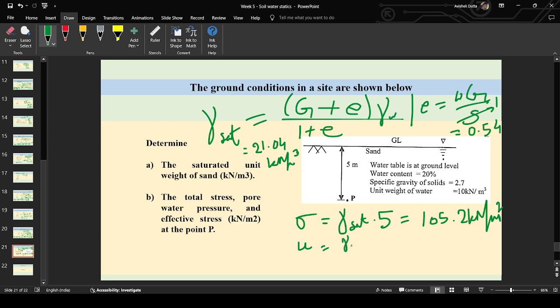It will be gamma W into 5, that is 50 kilonewton per meter square. Now what is the effective pressure? It will be total pressure minus u. What is the value? 55.2 kilonewton per meter square.